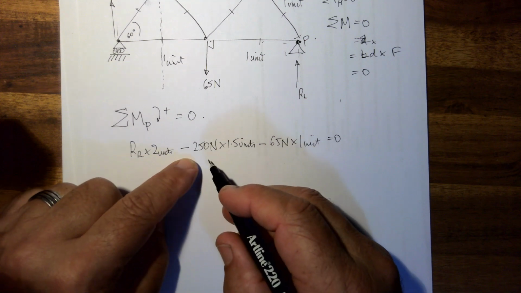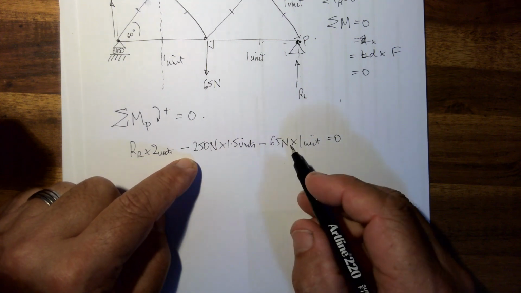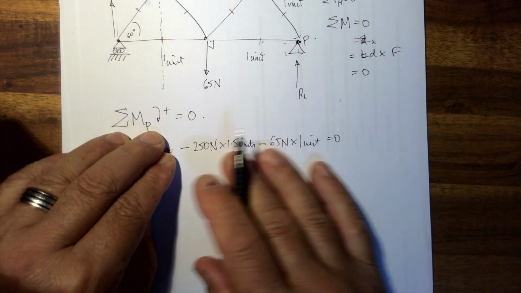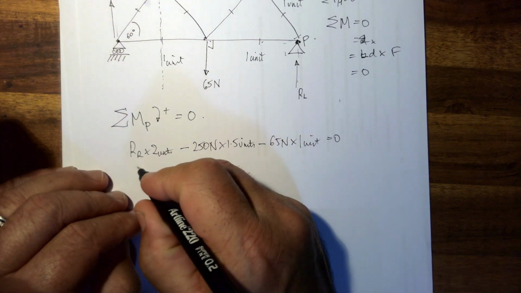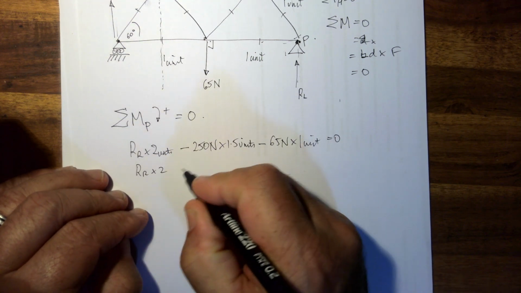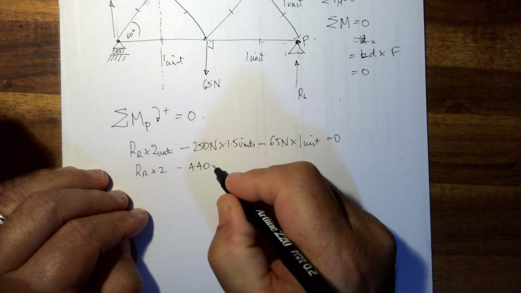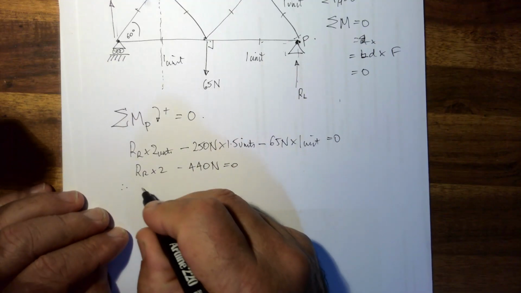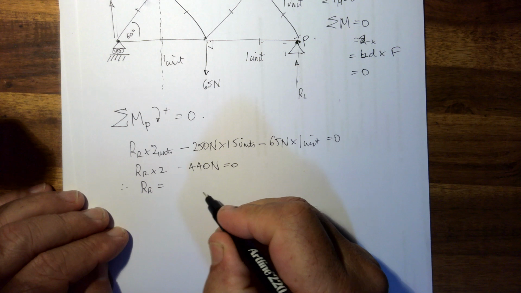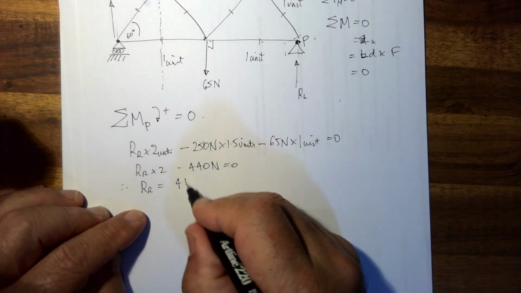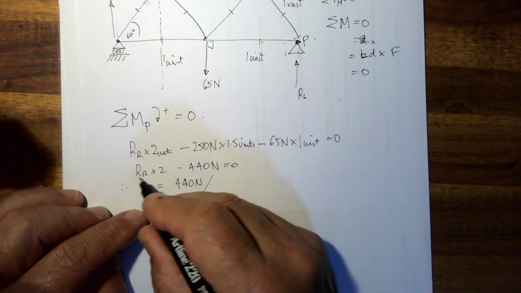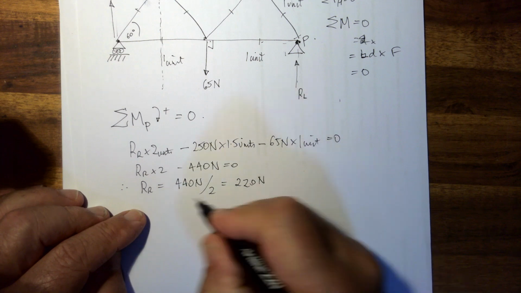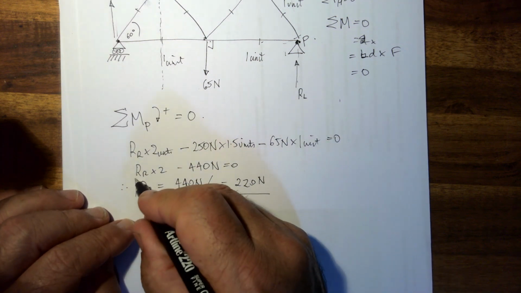So 250 times 1.5 minus 65, well, those two things are both going to be adding to each other because they're both negative. So that's RR times 2 minus 440 newtons equals 0. Therefore, RR equals, move this across to the other side, it's 440 newtons, and divide both sides by 2, equals 220 newtons.